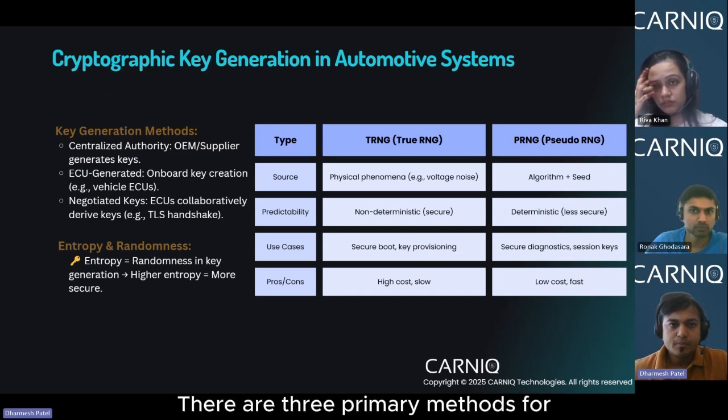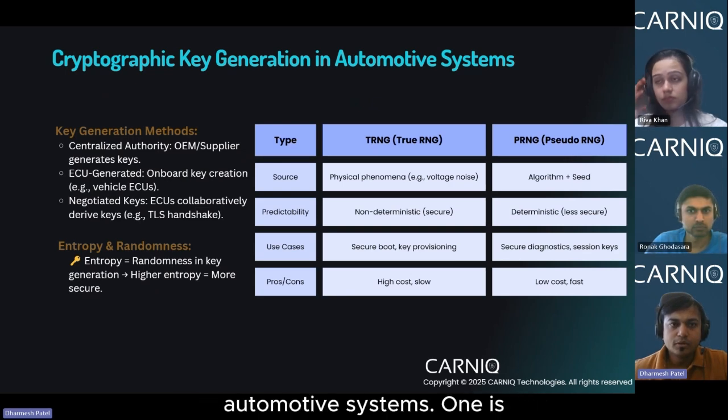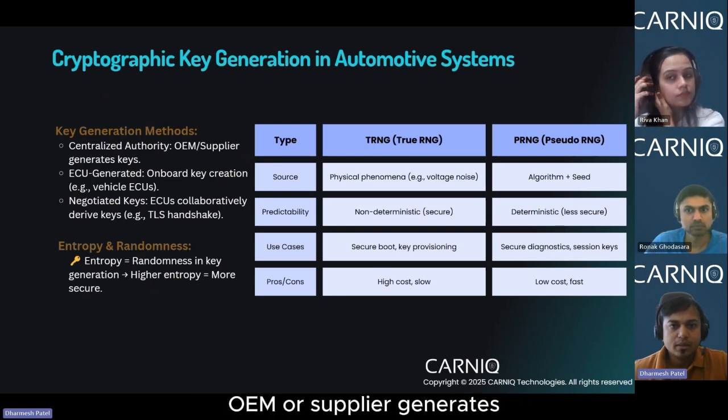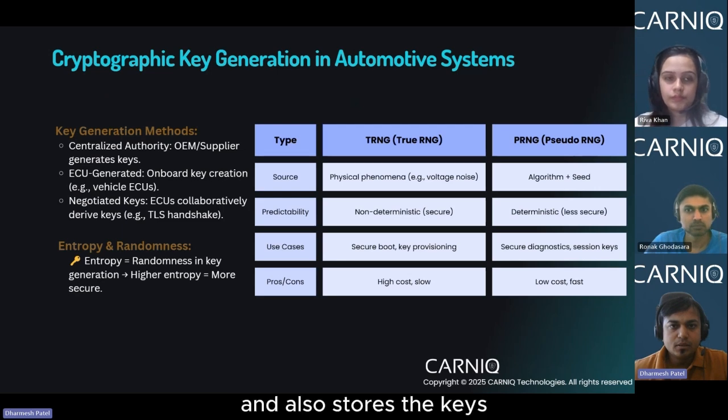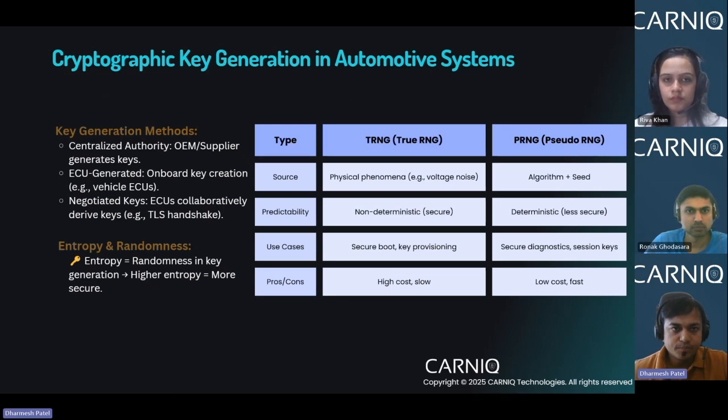There are three primary methods for generating cryptographic keys in automotive systems. One is centralized authority. Here the OEM or supplier generates and also stores the keys, ensuring uniformity, but this requires secure distribution.